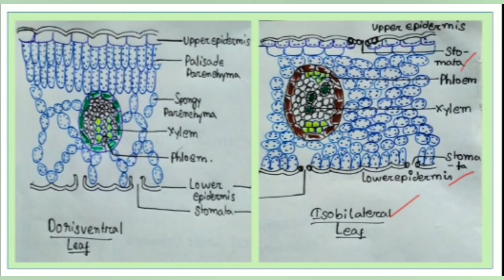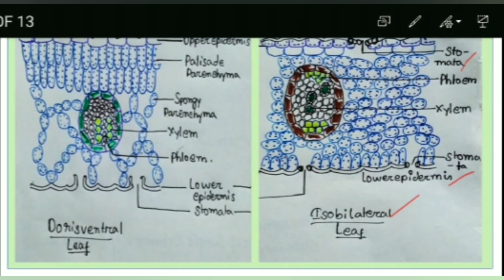There is presence of xylem and phloem, and we can clearly see that the dorsiventral leaf has palisade parenchyma and spongy parenchyma. But in the isobilateral leaf, there is only one type of mesophyll tissue.